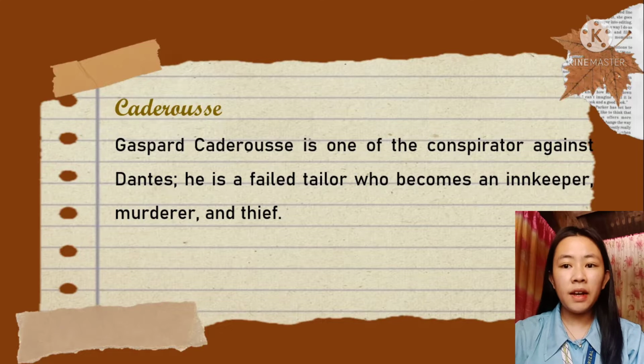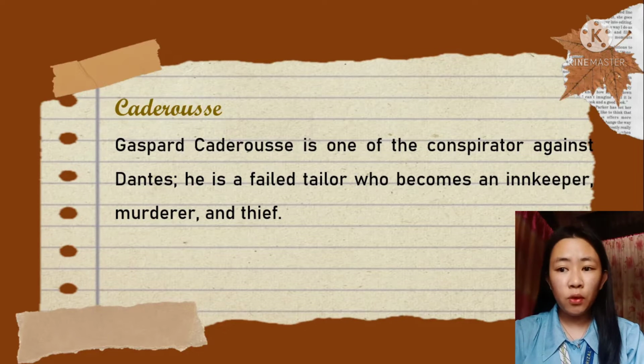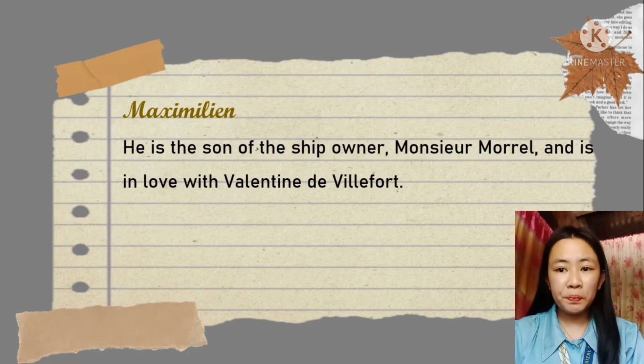So, we have here Caderousse. Gaspard Caderousse is one of the conspirators against Dantes. He is a failed tailor who becomes an innkeeper, murderer, and a thief. We have Maximilien. He is the son of the ship owner, Monsieur Morel, and is in love with Valentine de Villefort.